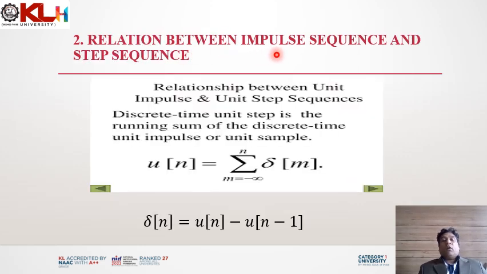Now we are going to see the relationship between the impulse sequence and step sequence. We can write that the running sum of the impulse sequence will be the step sequence as given by this formula. We can also state that if we take the first difference of the unit step, which is u of n minus u of n minus 1, we will get the unit impulse sequence.